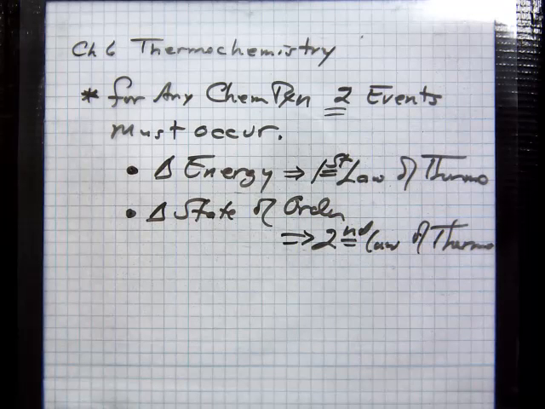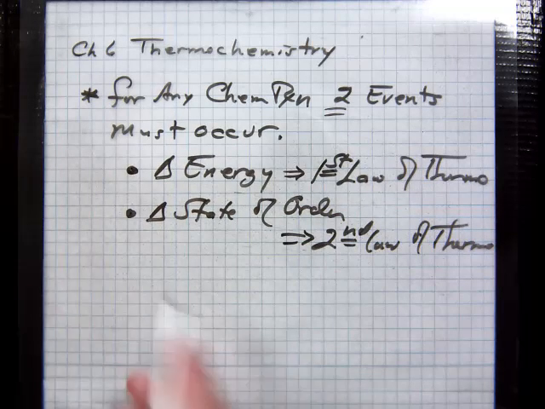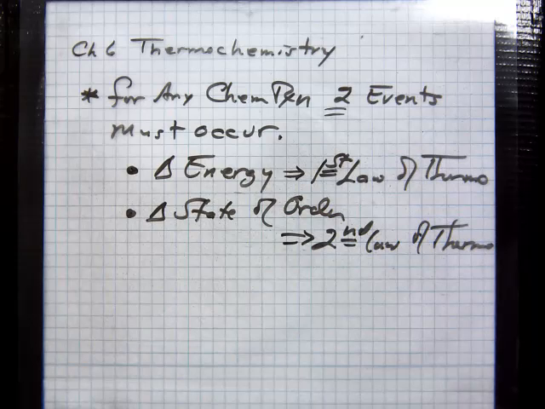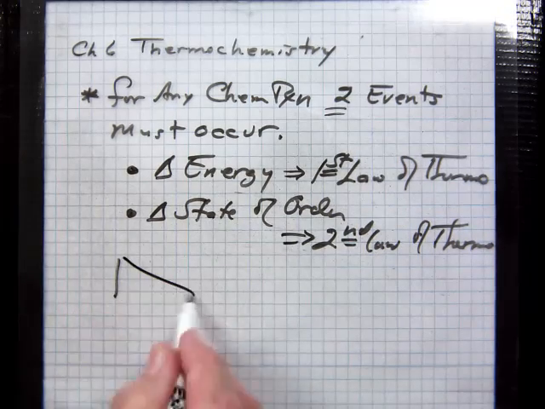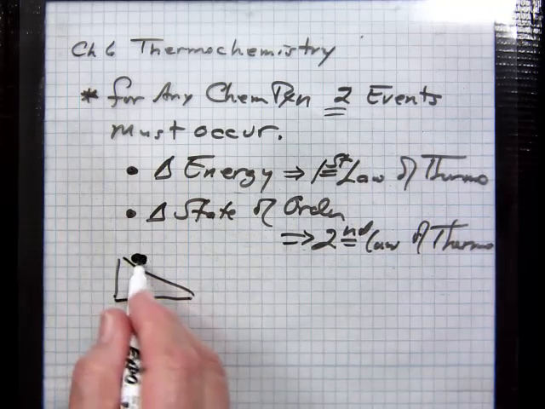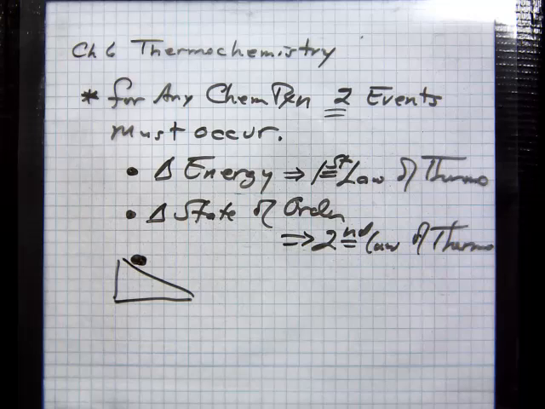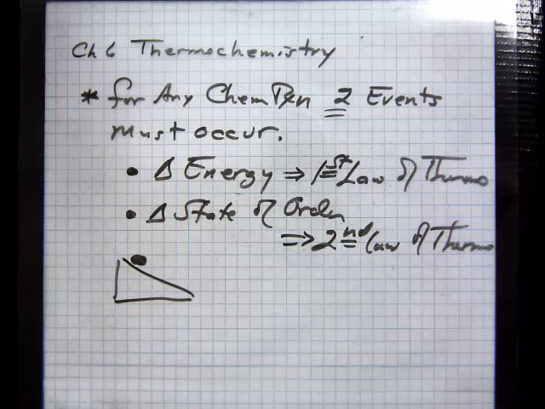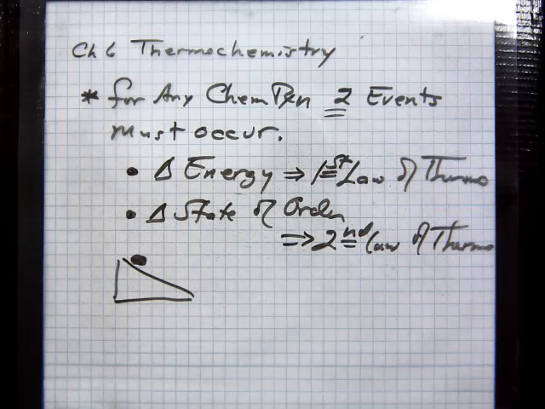Spontaneous. In the world of thermodynamics, reactions are defined as spontaneous, non-spontaneous, or at equilibrium. A spontaneous reaction is like taking a ball, putting it on the edge of an incline like that, and turning it loose. The ball will roll downhill in this reference frame without us doing any input beyond just turning the ball loose.